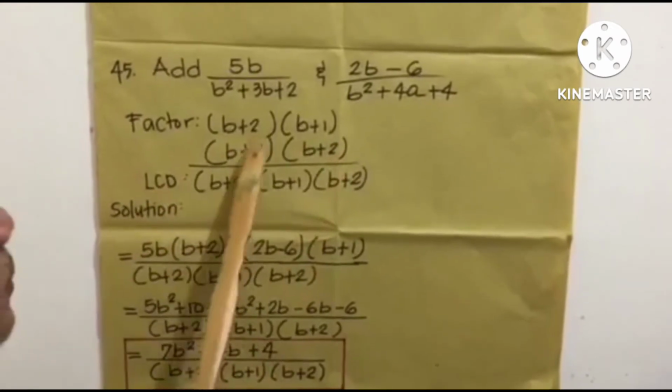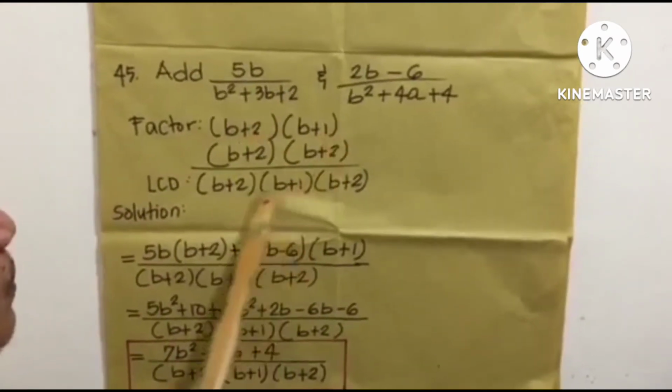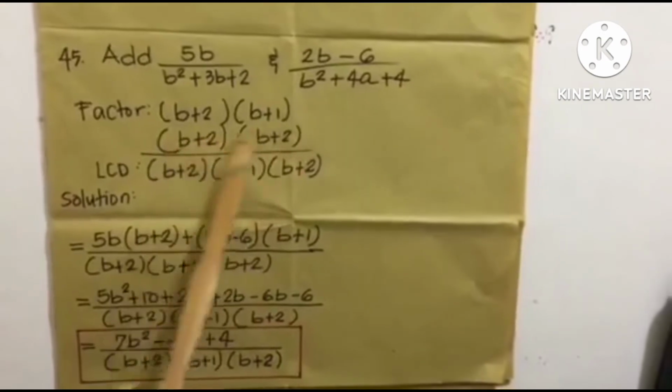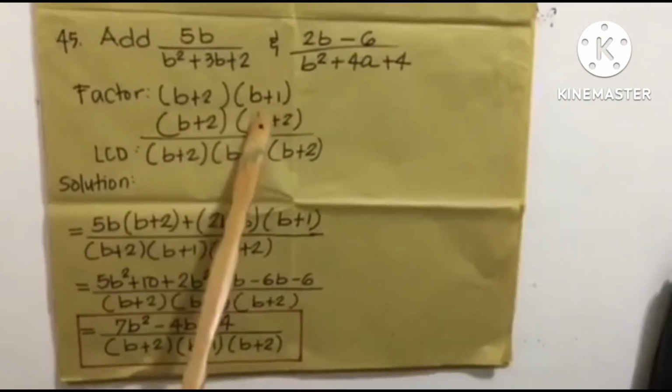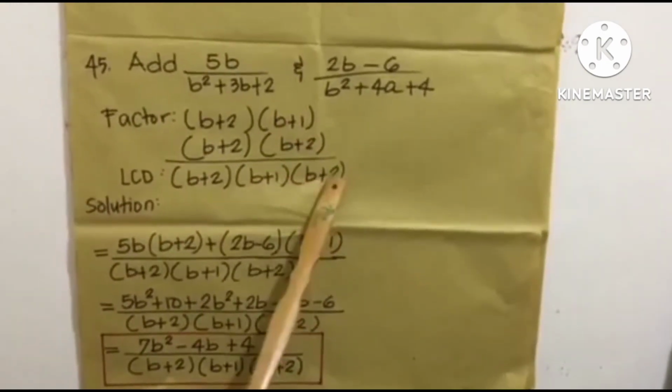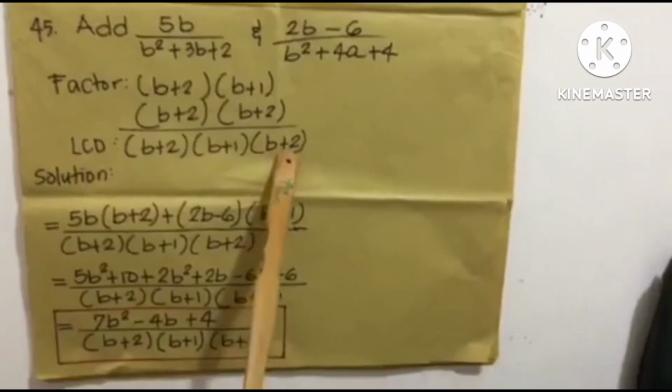Then our LCD is b plus 2, b plus 1, and b plus 2, b plus 2. Since b plus 2 is common, we are going to select one to represent our LCD.